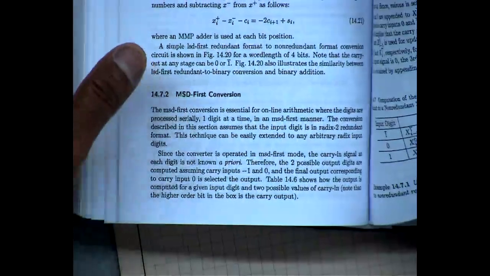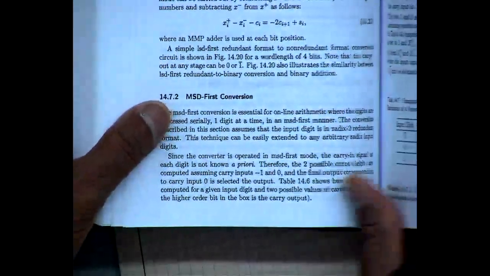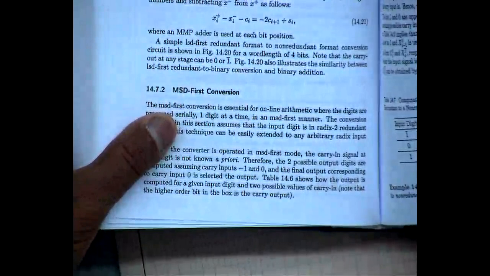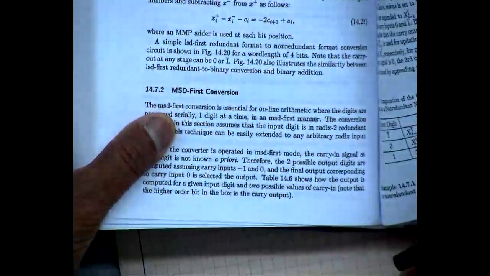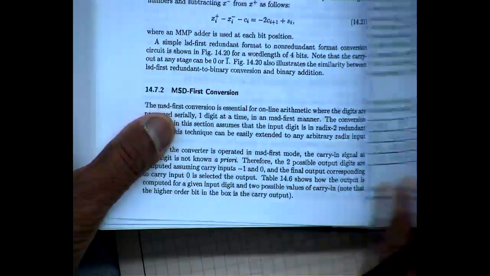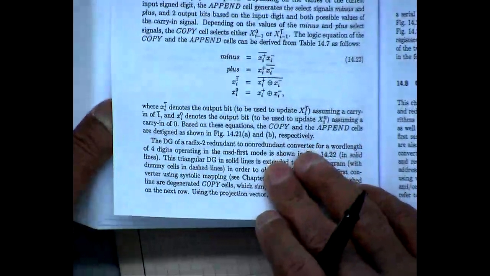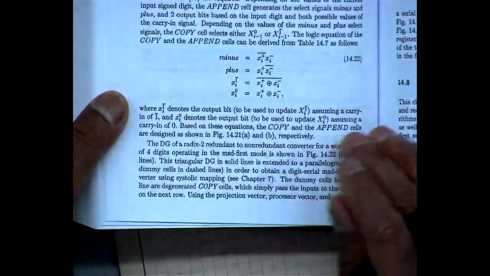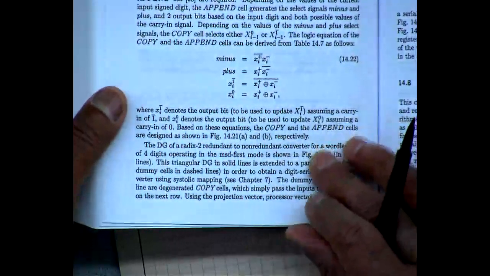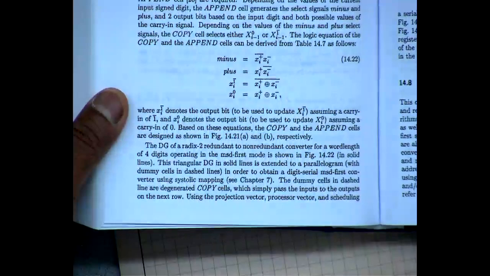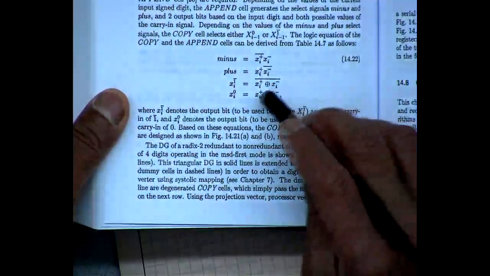So xi0 is, so let me show you. Okay, so those are xi.